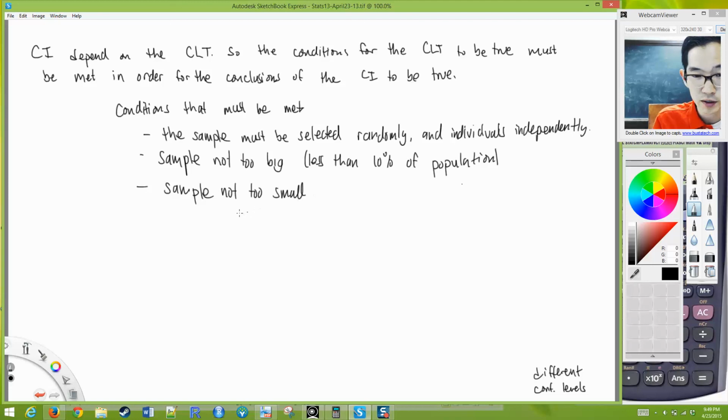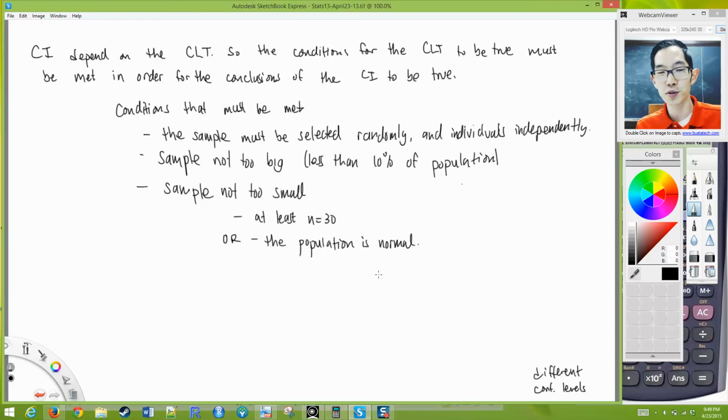Okay? Rule of thumb, at least n equal to 30, or the population is normal. So these conditions, same for the central limit theorem, must be true in order for us to have valid conclusions from a confidence interval. Okay, so that, statistics is a great subject, and it can help us answer questions and things like that.